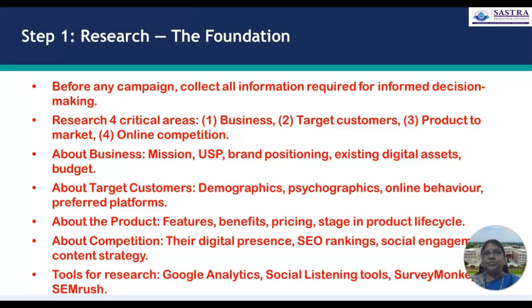In this 5-step process, we are starting with the first step called research. These 5 words, especially research, create, promote, analyze, and optimize, are all very important mantras of any digital marketing campaign.